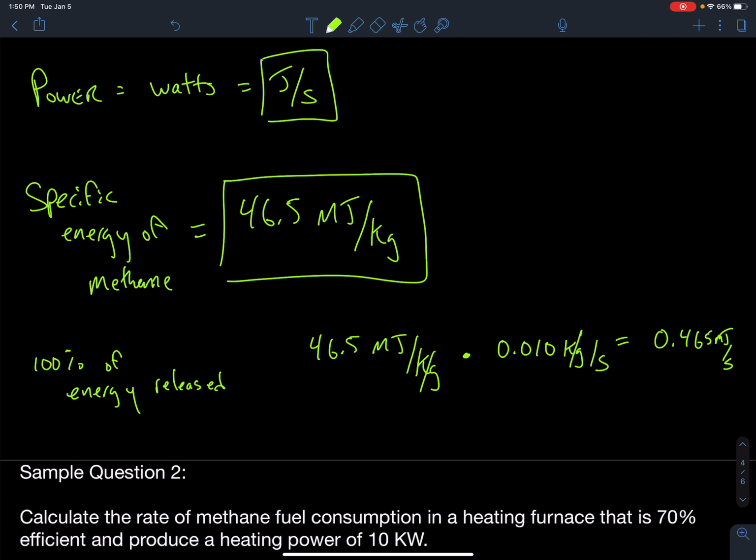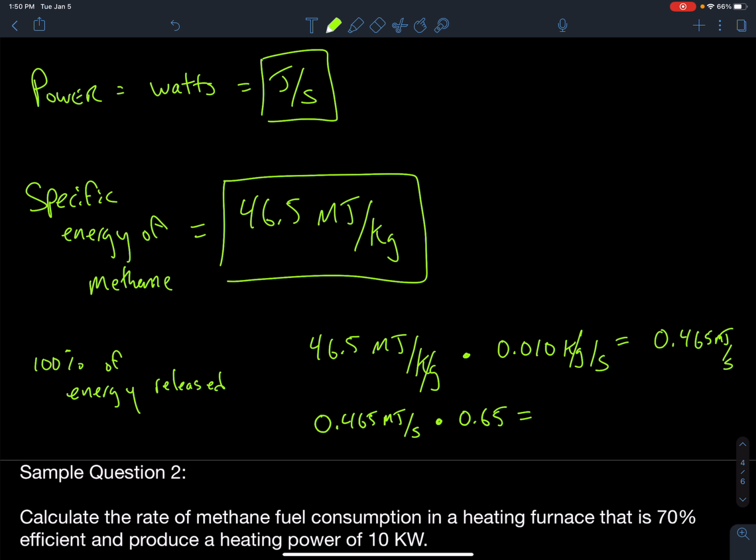So then I would have to find, for 65%, I will take 0.465 megajoules per second multiplied by 0.65, and that will give me the actual power that is going into the house. So here, I'm just going to pull up my calculator.